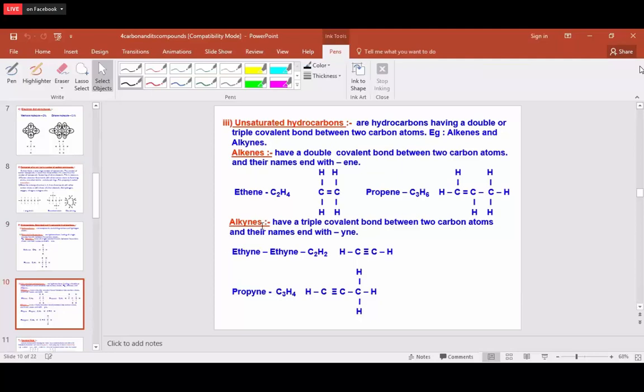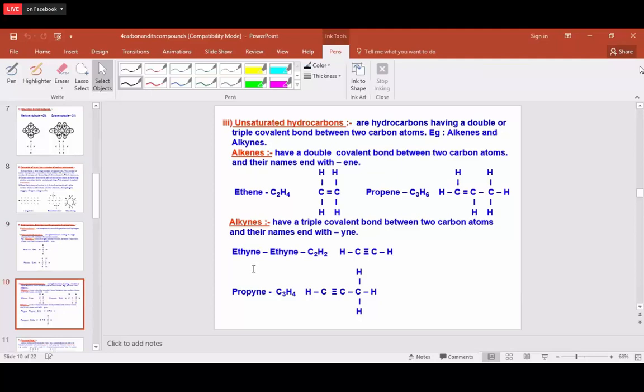As in the case of the alkenes, there is no methane present here either. Methane means meth, which indicates only one carbon atom. At least two carbon atoms are needed to make the triple bond, and methane has only one carbon atom.